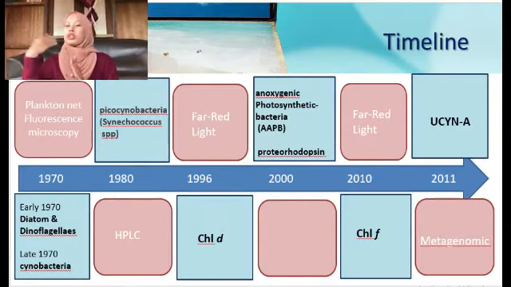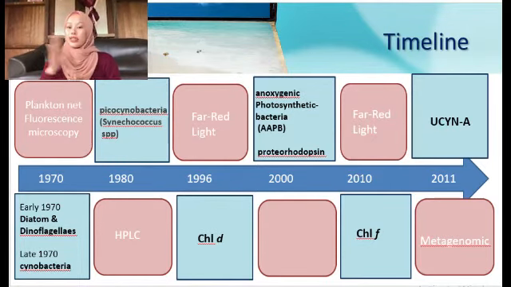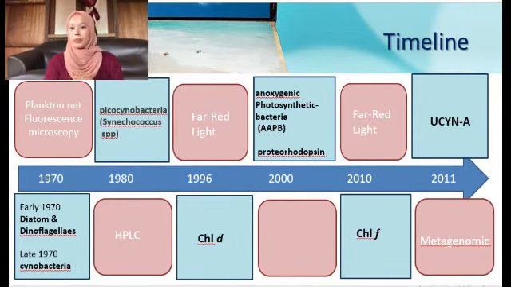Now we move to another chapter, which is the timeline. In 1970, the primary producers found were diatoms and dinoflagellates, using a plankton net. In late 1970, they found another bacteria, cyanobacteria, by using fluorescence microscopy.